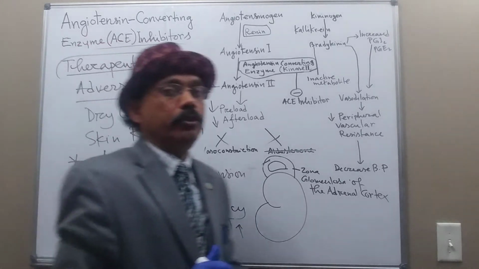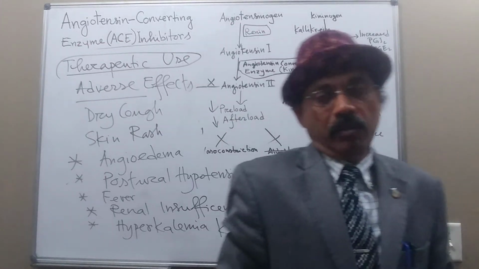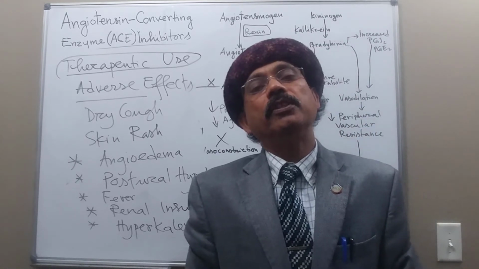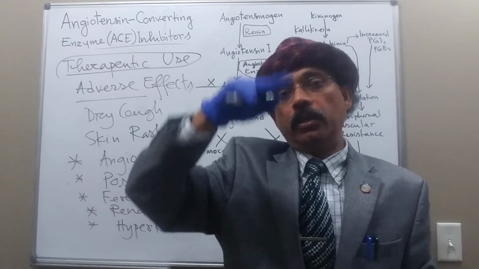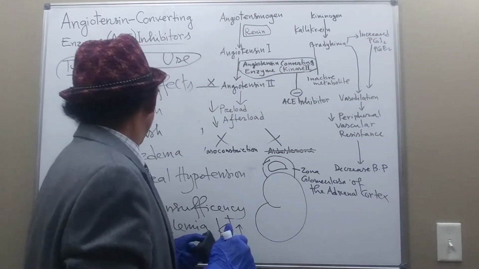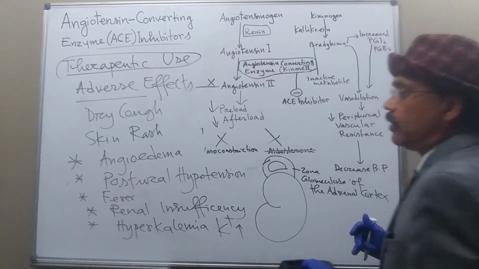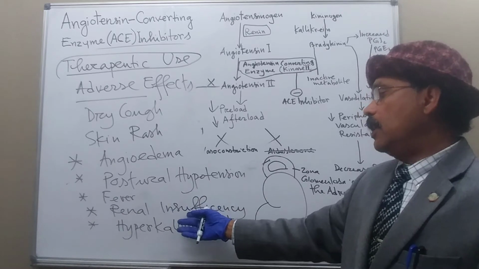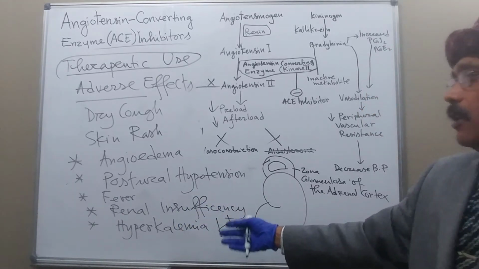So we need to monitor the patient by looking at the serum electrolytes, and on the EKG or ECG we will get tall peaked P waves. Adverse effects: dry cough, skin rash, angioedema, postural hypotension, fever, renal insufficiency, hyperkalemia.